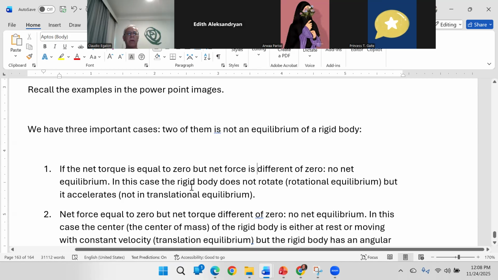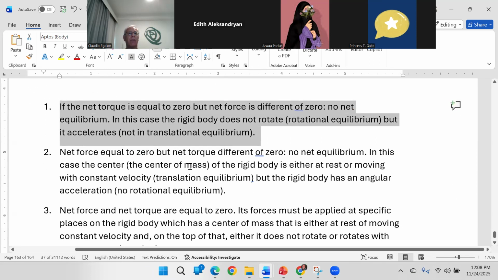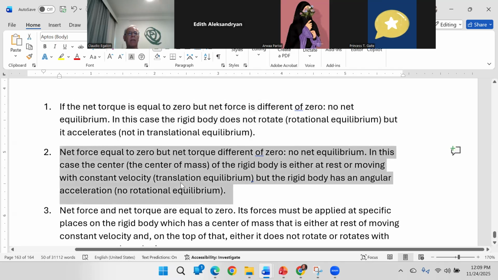In this case, the rigid body does not rotate, but it accelerates. Now net force equal to 0 but net torque different from 0: also, there is no net equilibrium either. In this case, the center of mass of the rigid body is either at rest or moving with constant velocity, but the rigid body has an angular acceleration.